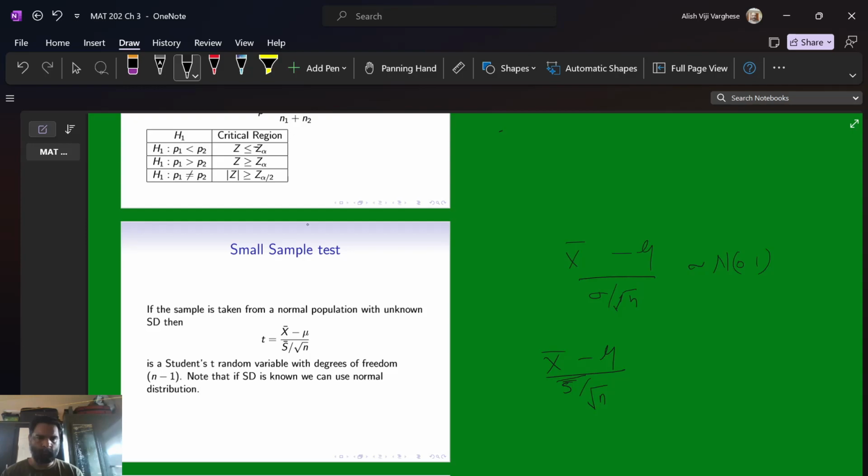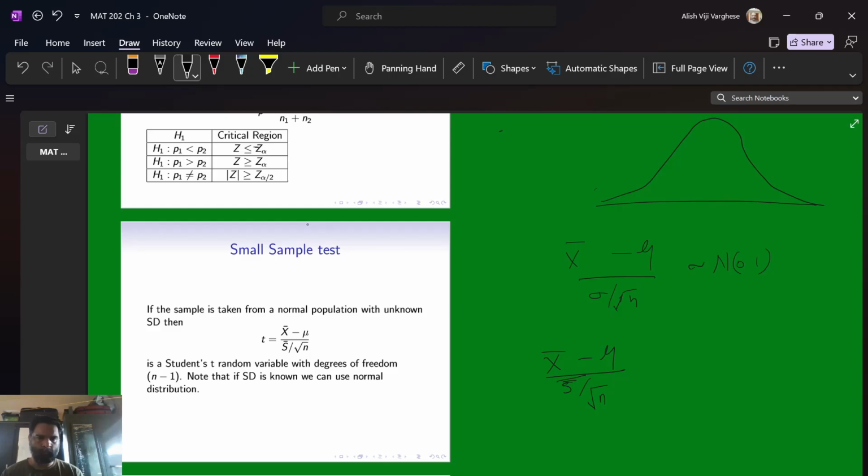It is a student's t random variable. And a student's t random variable has a probability density function with a bell-shaped curve as the probability distribution, but the skewness of this particular curve is different from that of N(0,1).